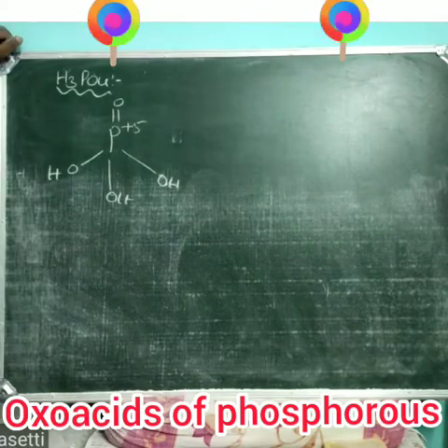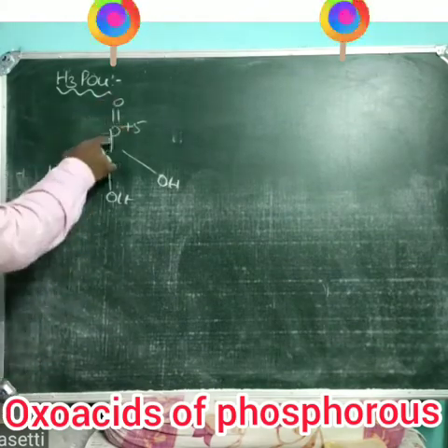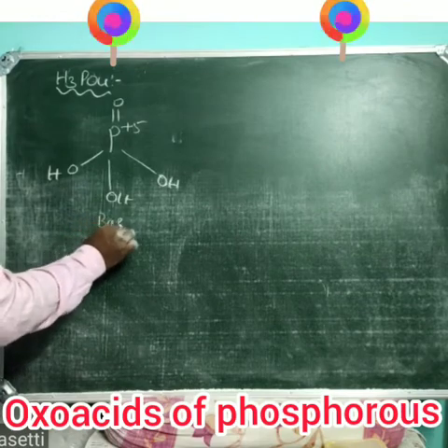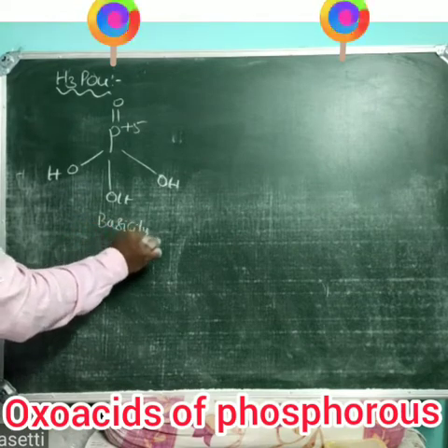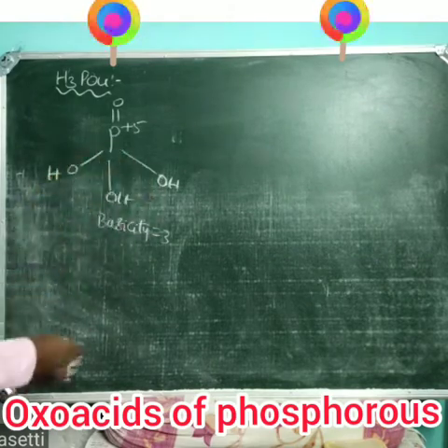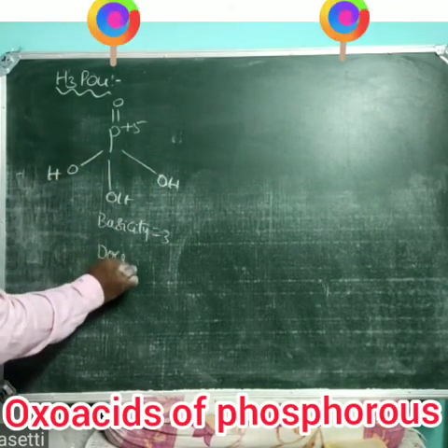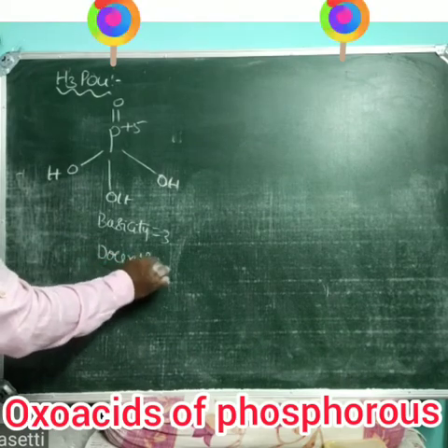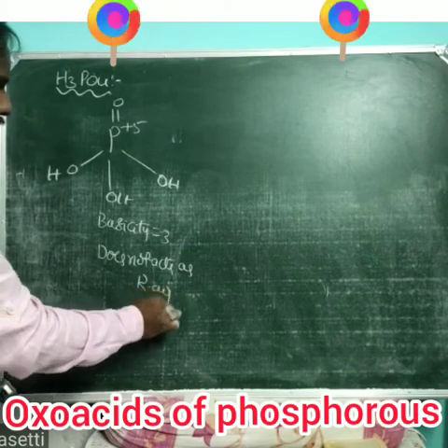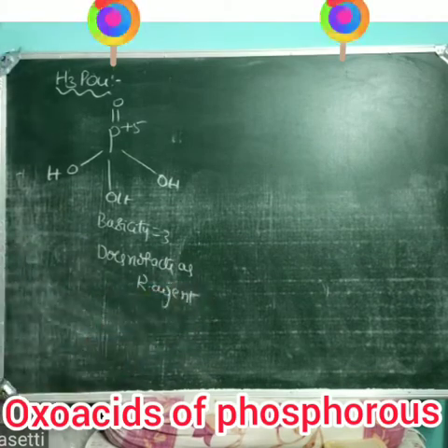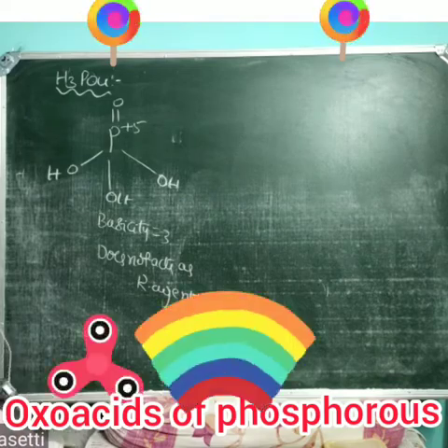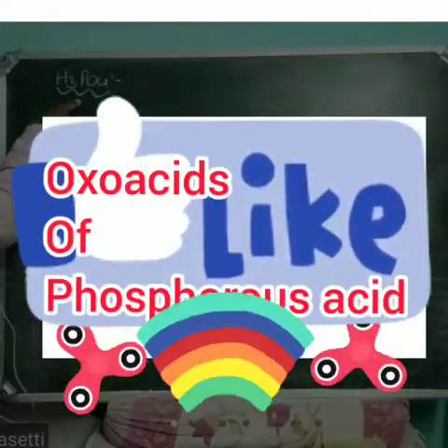It contains 1 P=O bond, 3 P-OH bonds. So its basicity is 3, and there is no P-H bond. It does not act as a reducing agent. This is orthophosphoric acid.